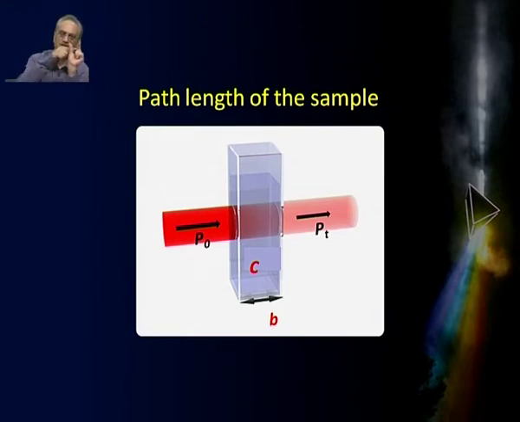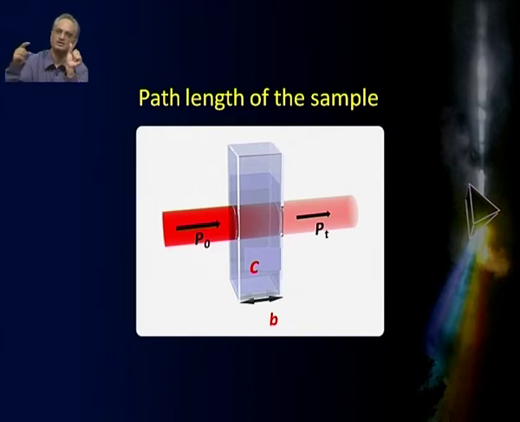The radiation passes through this whole path length, and in the process, it is going to interact with whatever number of molecules are there. The possibility that it interacts with a certain number of molecules, and the transitions that take place, will depend on the length it passes through. Suppose it passes through this length, I have a certain number of transitions taking place, and then we get some intensity coming out here. Now, suppose I reduce my path length to just this much.